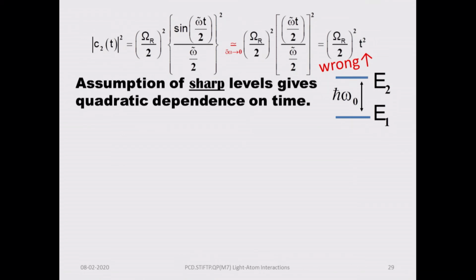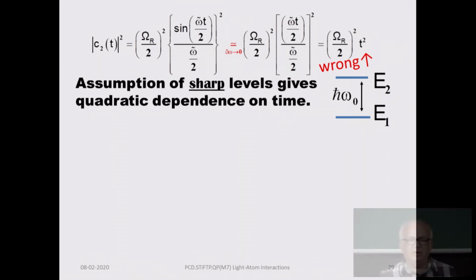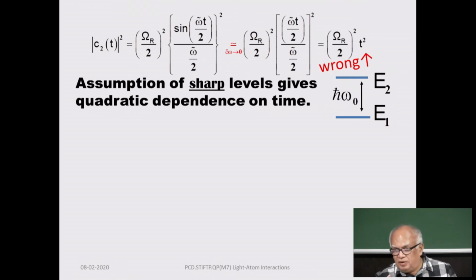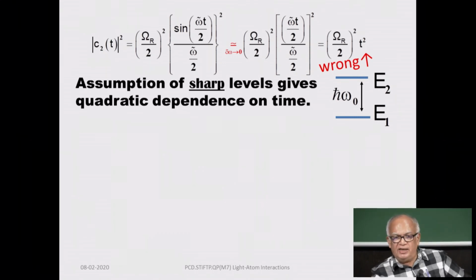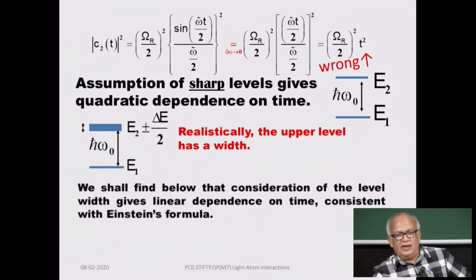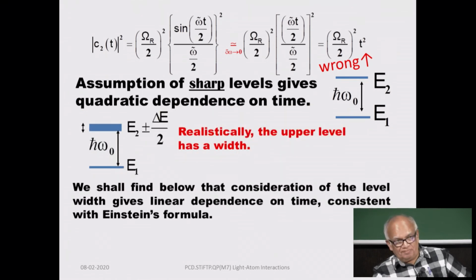I have it in some other NPTEL lectures which you can look up, where we have used the Fermi golden rule to determine the transition probability from a ground state to the final state. We find that this expression cannot go as t square, but it has to have a linear dependence.